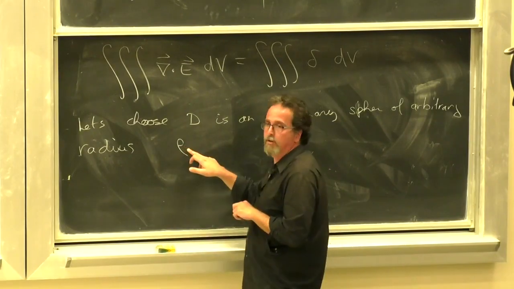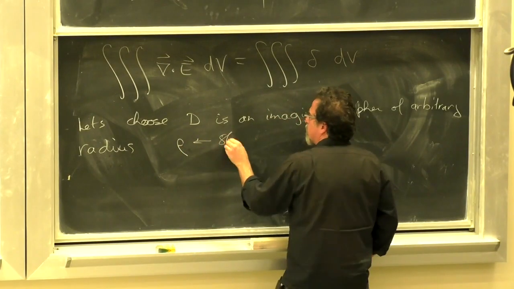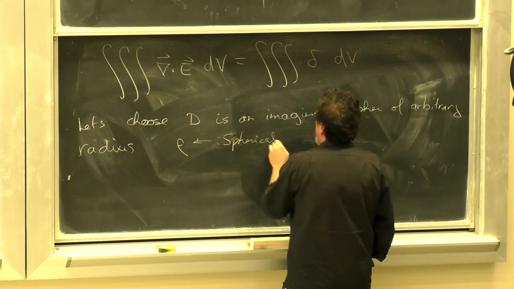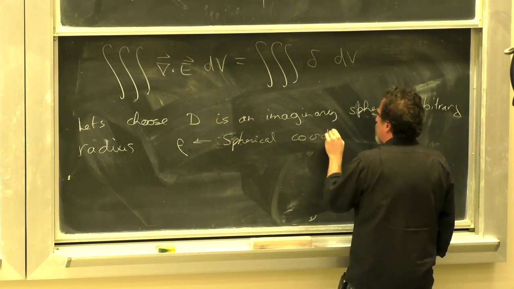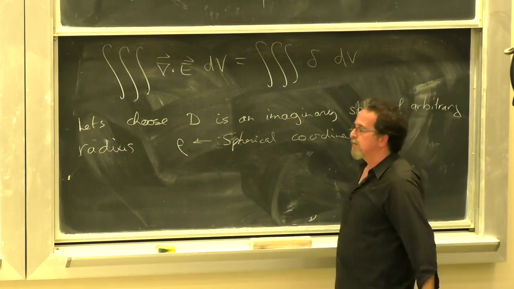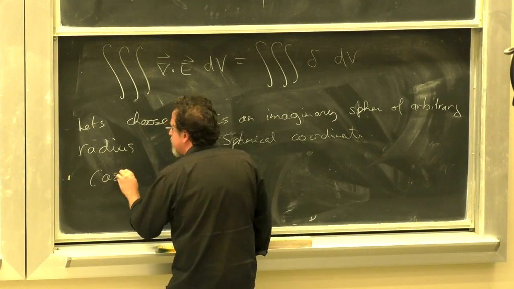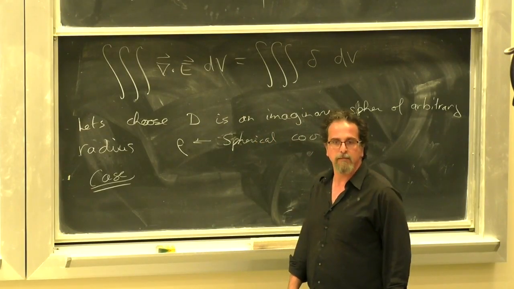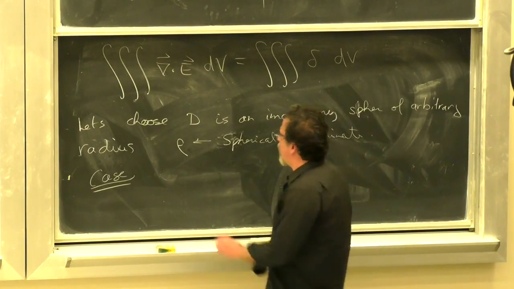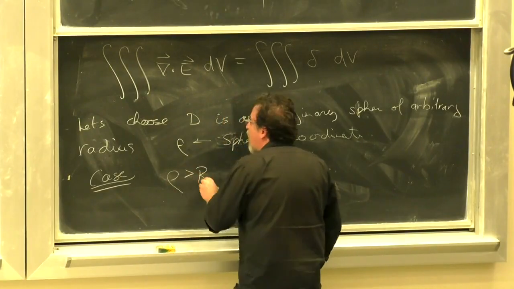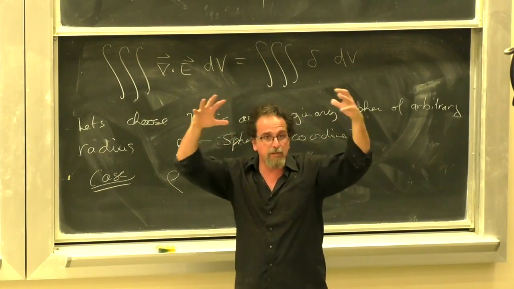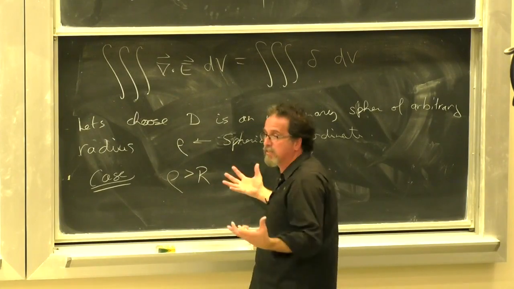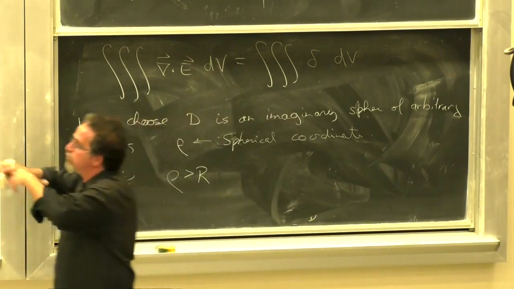So this is spherical coordinate rho, chosen for the spherical coordinate. Okay? So case one, rho is bigger than r. I'm going to put this imaginary sphere away from my charge. But that means the sphere is going to completely surround my charge.